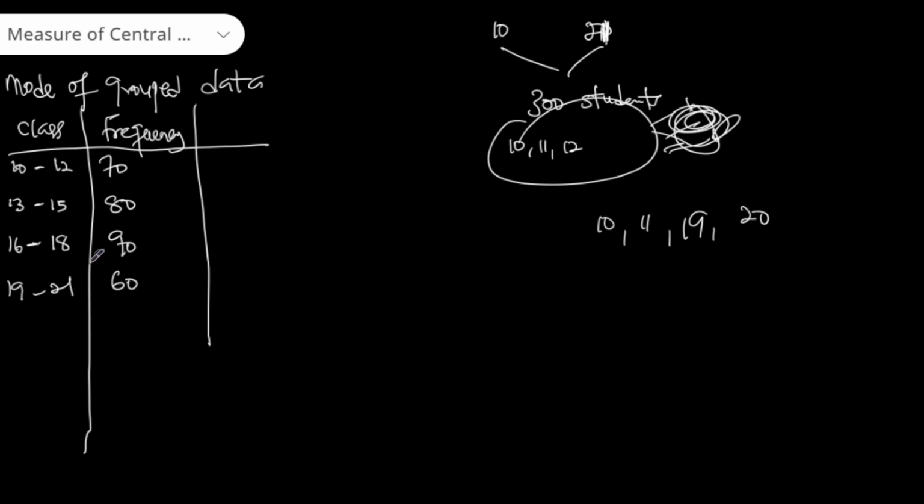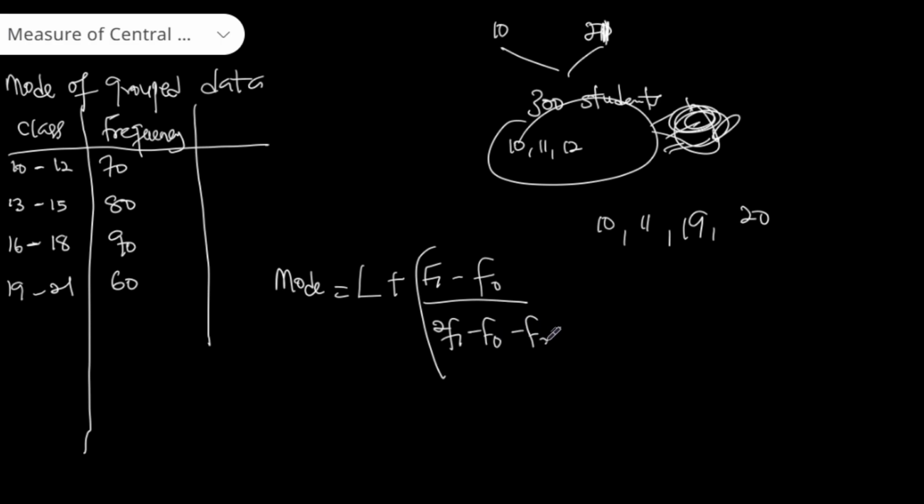It's a very simple thing, right? We use the formula: mode equals capital L plus open bracket F1 minus F0 all over 2F1 minus F0 minus F2, then times C.